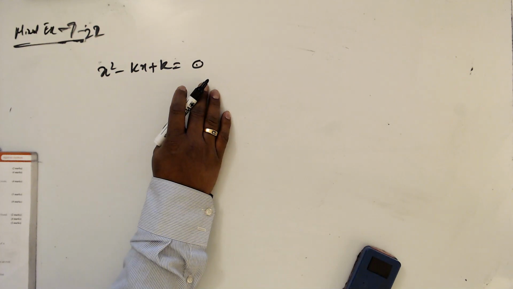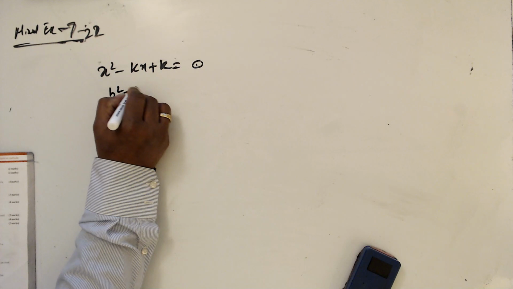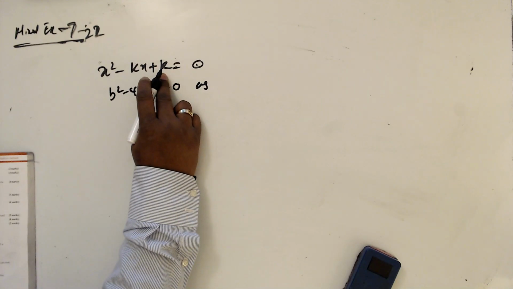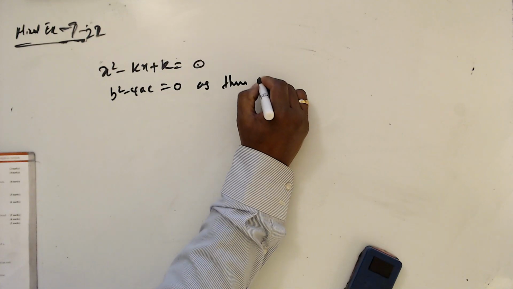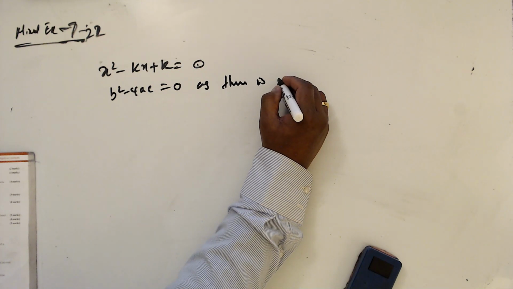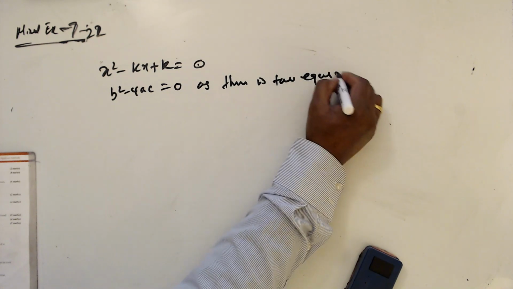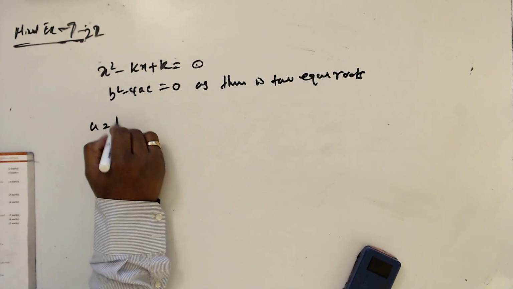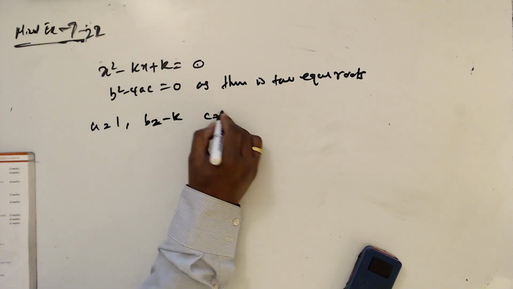So b squared minus 4ac is equal to 0, as there are two equal roots. Now a equals 1, b equals minus k, c equals k.